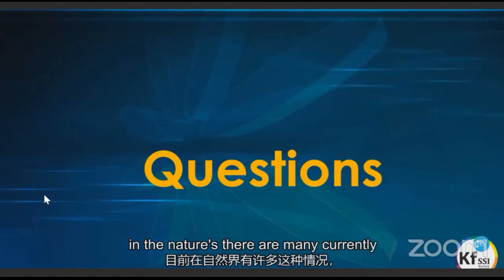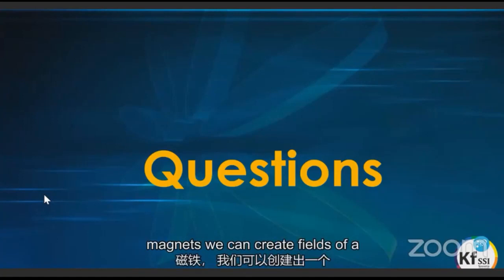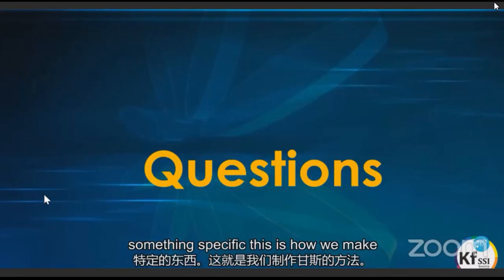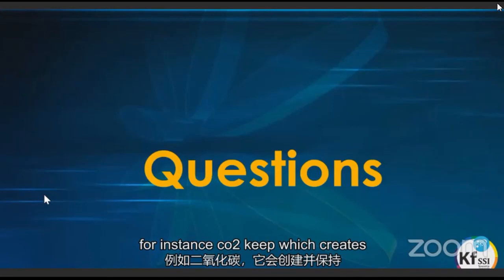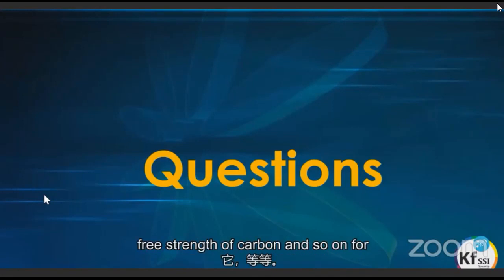Meanwhile, in nature there are many kinds of magnets, and we can create fields of a specific strength in order to attract something specific. This is how we make, for instance, CO2 kits, which create fields which will attract the field strength of carbon, and so on.